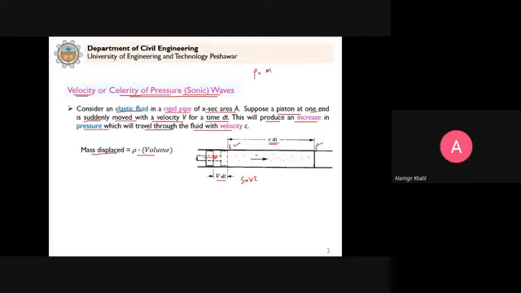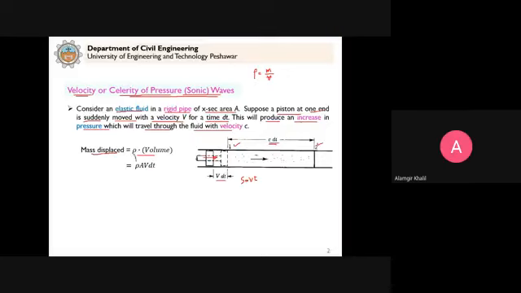mass divided by volume. We denote it by this notation to differentiate it from the velocity. So the mass which is displaced as we move this piston is equal to density into volume. The density will be rho, and what is the volume that is displaced? It is V into dt multiplied by the cross-sectional area. That is the volume which is displaced.